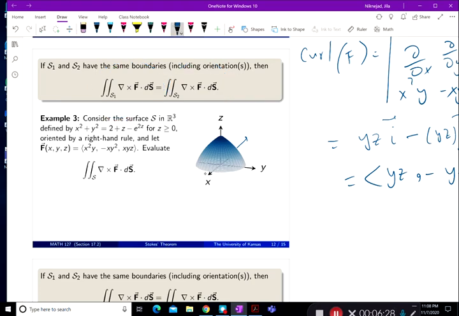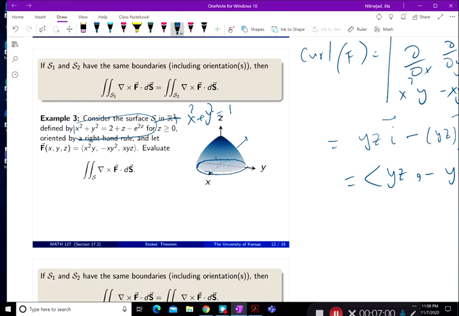And yes, there is. If you look at basically the intersection of the current surface with the xy plane, you will end up with a circle. That circle is x squared plus y squared equal to 2 plus 0 plus minus 1, that is 1.